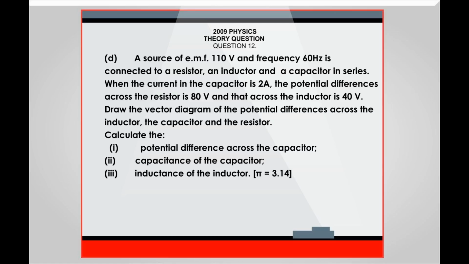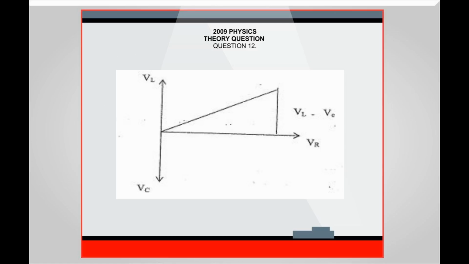Draw the vector diagram of the potential differences across the inductor, the capacitor, and the resistor. Calculate I. Potential difference across the capacitor, II. Capacitance of the capacitor, III. Inductance of the inductor, pi equals 3.14.